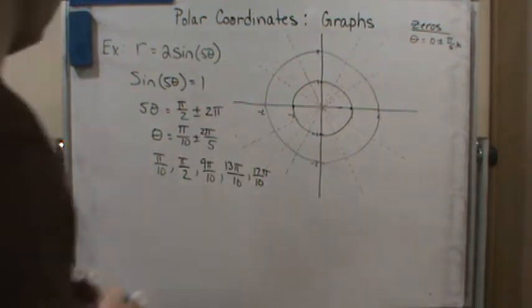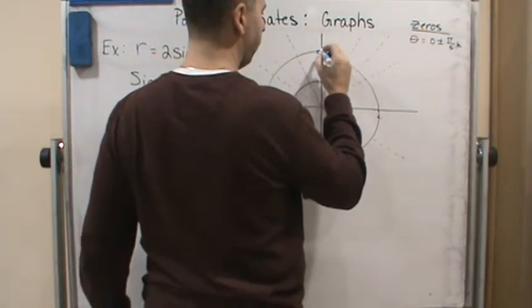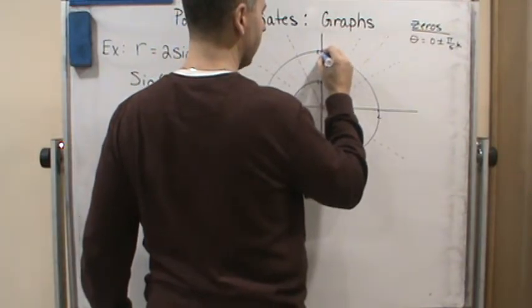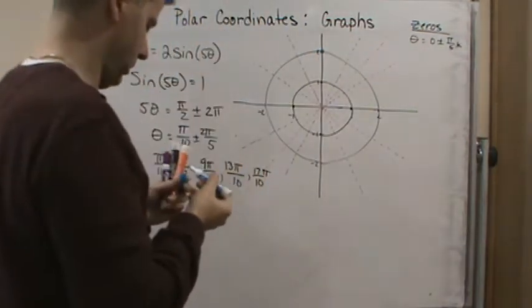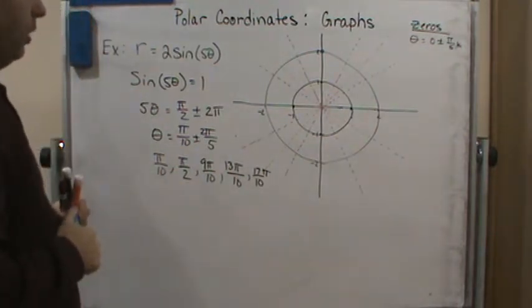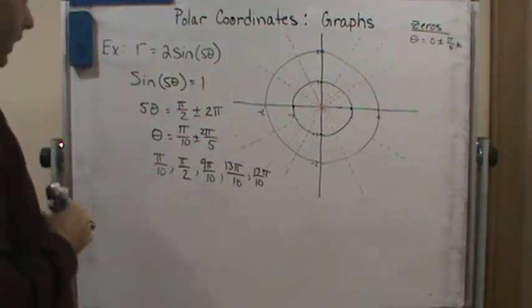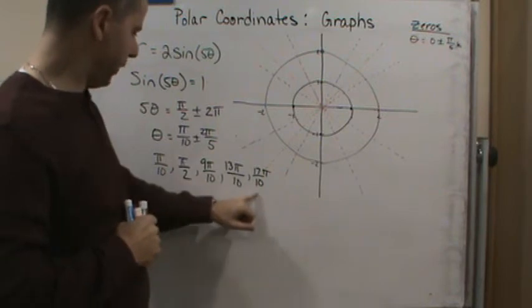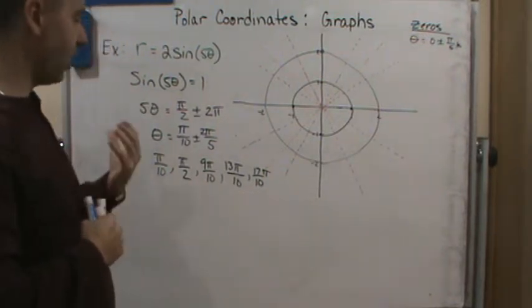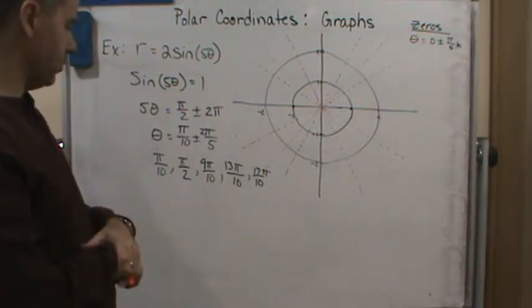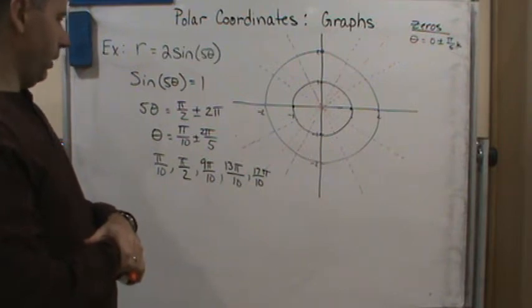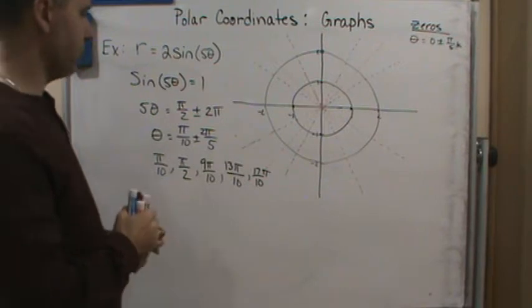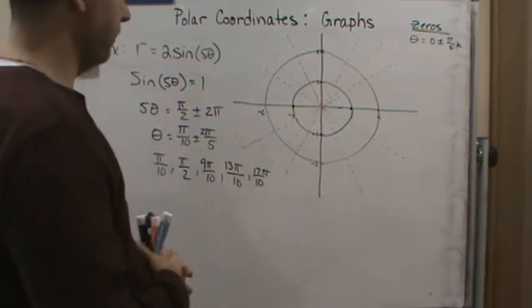Okay, so we know we have 1 point right there. And we also know that the other points are at these angles, where it's also going to be 2. So we've got to figure out where these angles are. Okay, so those are where the maximum values are located.